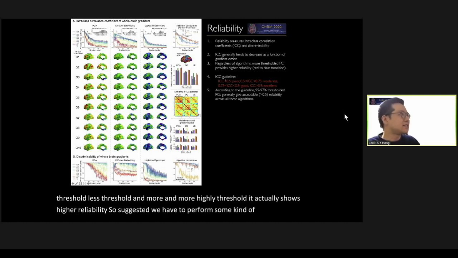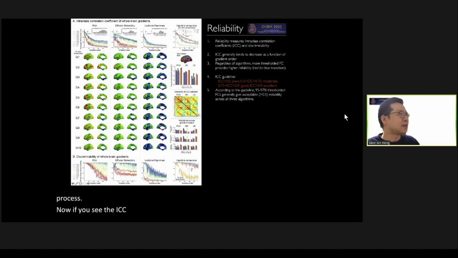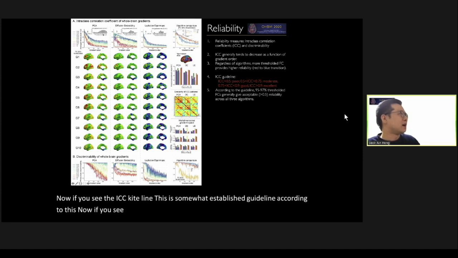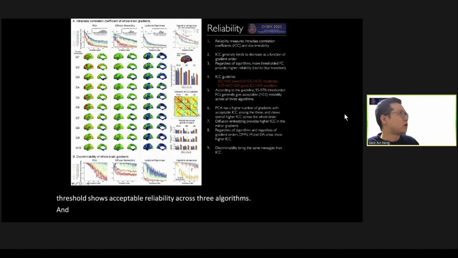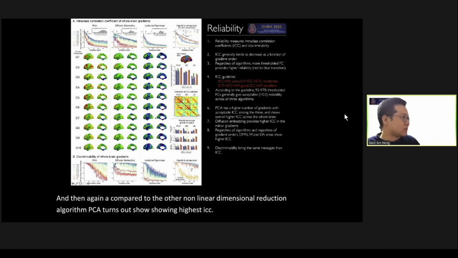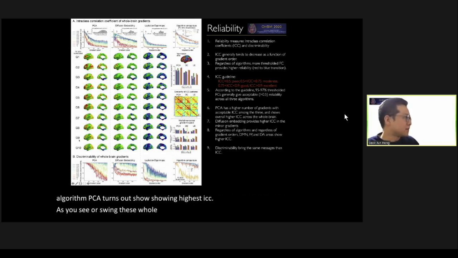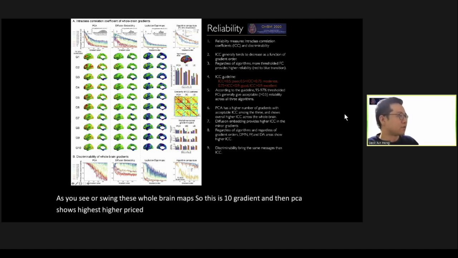Now, the ICC guideline is a somewhat established guideline. According to it, if you see this inset graph, 95 to 97% thresholds show acceptable reliability across the 3 algorithms. Compared to the other nonlinear dimensional reduction algorithms, PCA turns out to show the highest ICC, as you see also in this whole brain map of the 10th gradient.